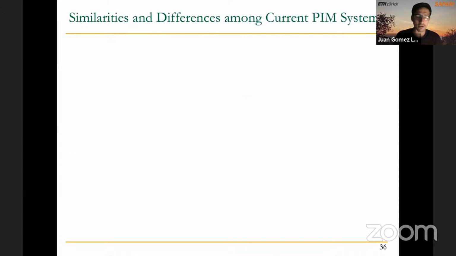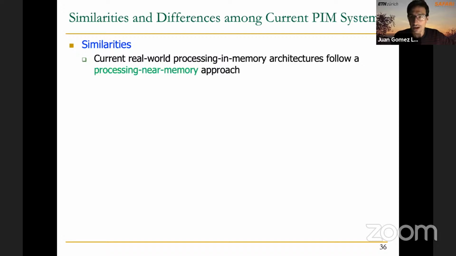Just to wrap up about all these different real-world processing in memory systems that we are studying, let's very briefly recap on similarities and differences among these current systems. So similarities, something that is common in all of these is that they follow what we call a processing near memory approach. Why is that?